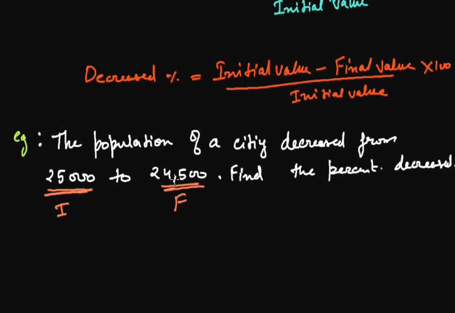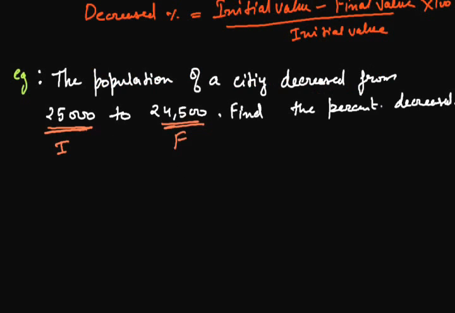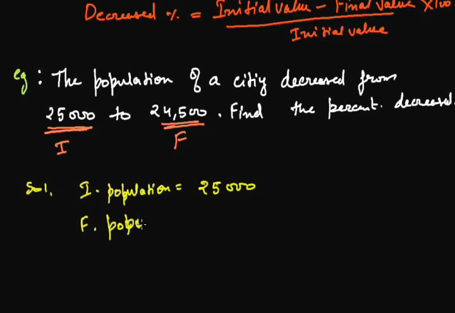Now first we will find out how much is the decrease. The initial population is equals to 25,000 and the final population is 24,500.